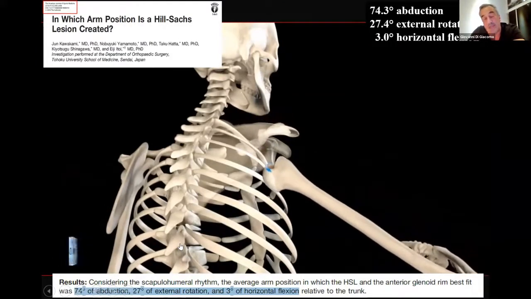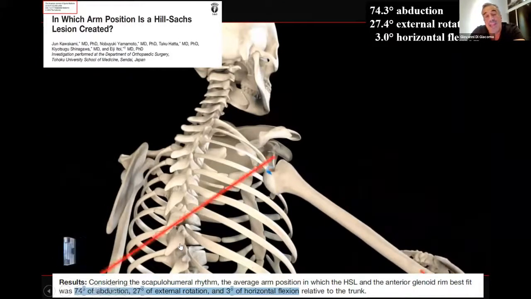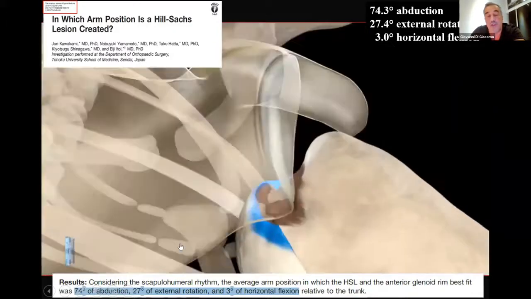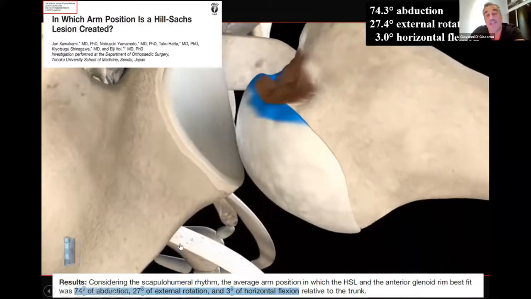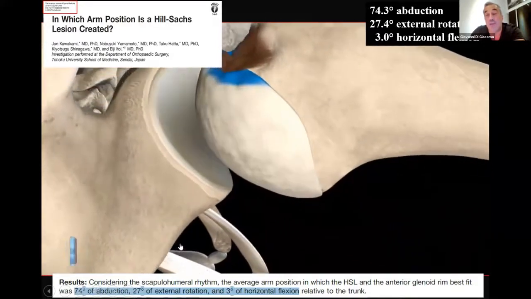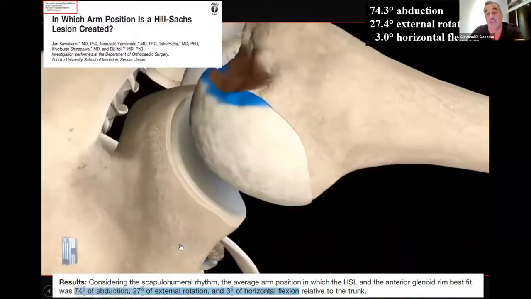If you ask when the Hill-Sachs is created, the Hill-Sachs is created immediately after the dislocation, and Burkhart has shown that the severity of the Hill-Sachs is related to the time the shoulder is dislocated.